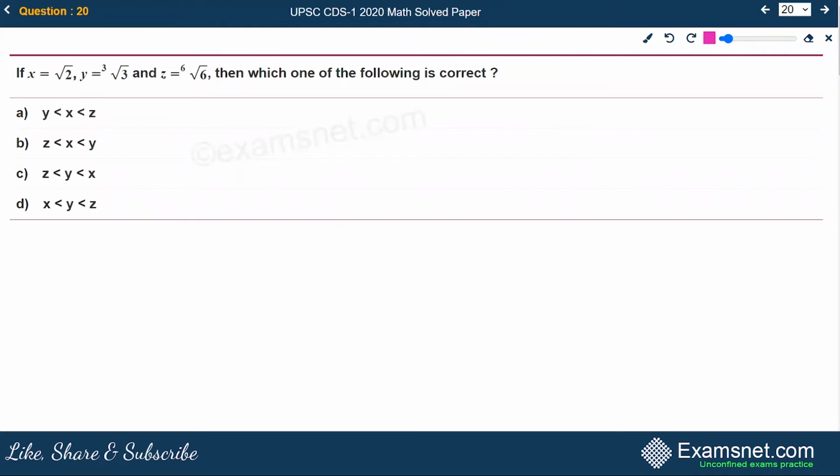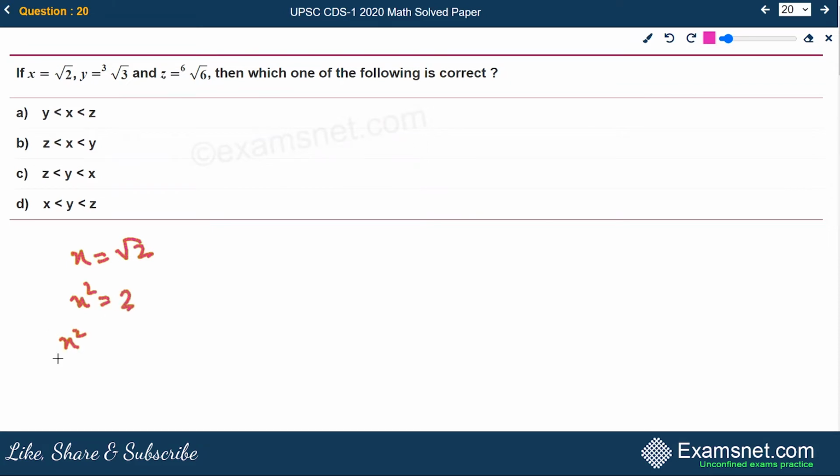In question number 20, we are given: if x equals root 2, y equals cube root 3 and z equals 6 to the power 1 by 6, then which one of the following is correct? So let's take x equals root 2. We can write it as x squared equals 2.